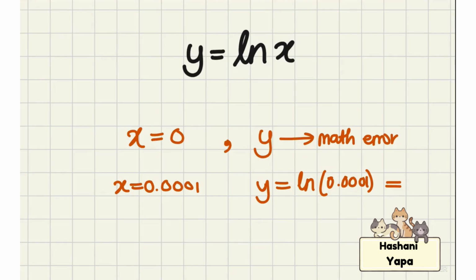So I can say that it is going to be negative infinity. So when x is 0, y is equal to negative infinity. Let me highlight that. When x equals 0, y is negative infinity.